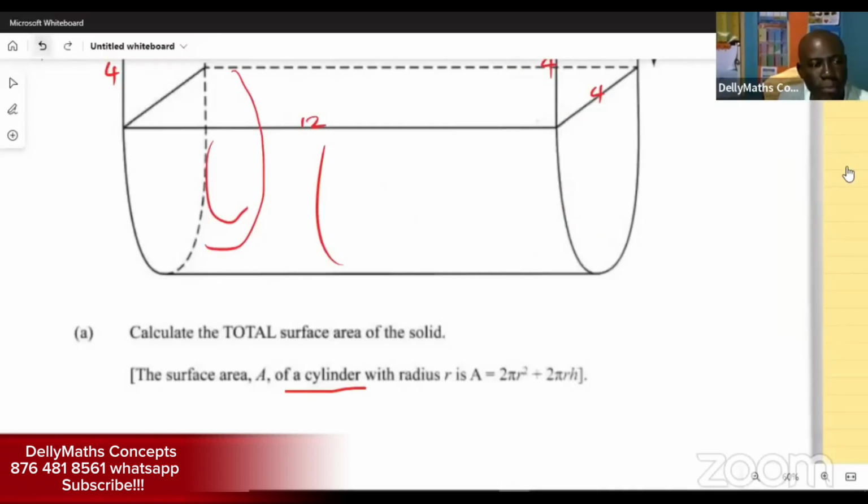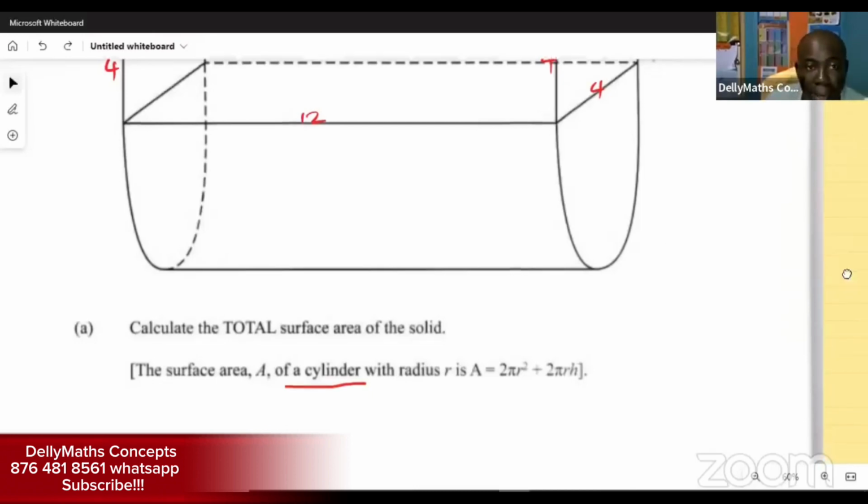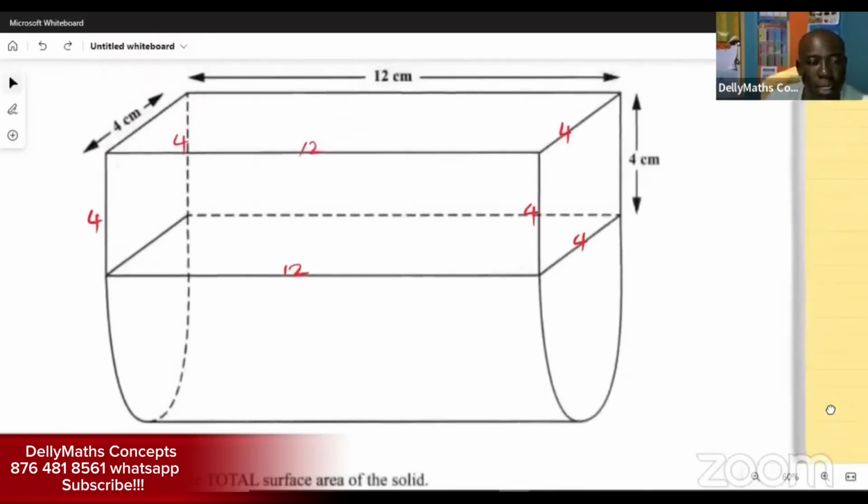So let us put together those numbers. Because they gave me the formula for the cylinder, and the cylinder is cut into 2 pieces, I'm going to use this and divide it by 2. And then I'm going to be adding this to it, which is the same thing around here.